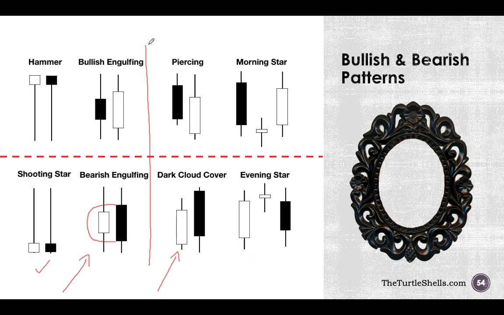This is the reason why I am covering the most important patterns, which are the hammer, the bullish engulfing, the bearish engulfing and the shooting star. If you have understood these two patterns, it's not very difficult to understand these two patterns.